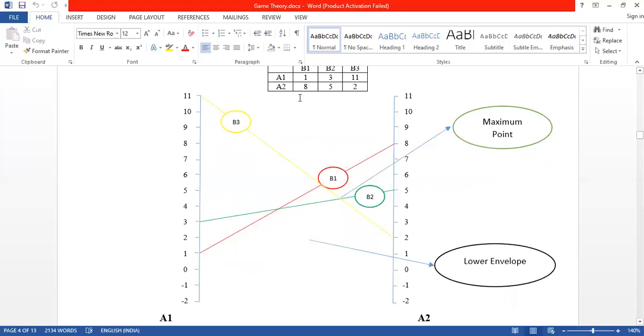So what I did is, I found out which firm has only two strategies, and I found that A is the firm which has only two strategies, A1 and A2. So I drew two vertical lines opposite to each other and named them A1 and A2, right?